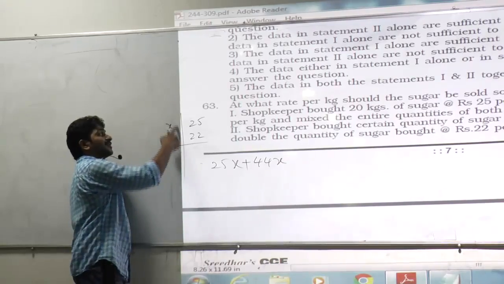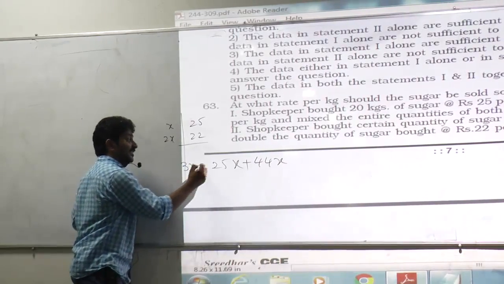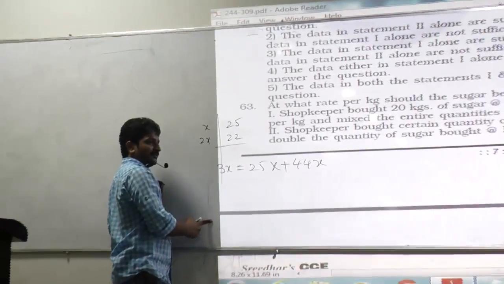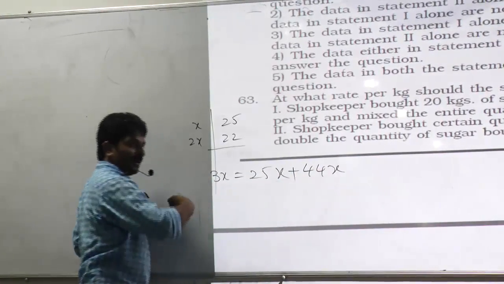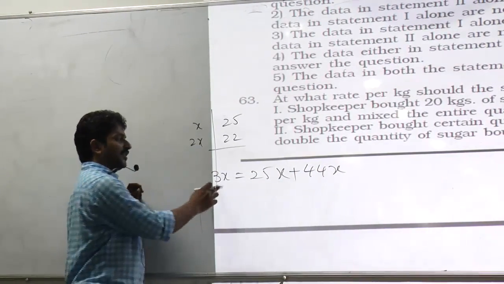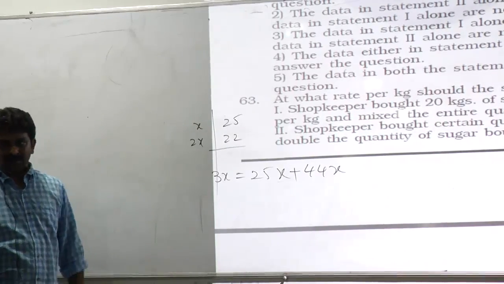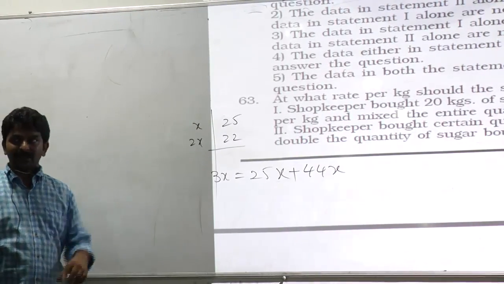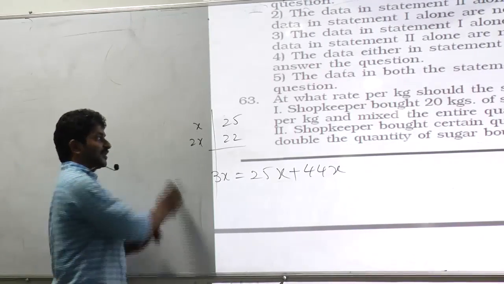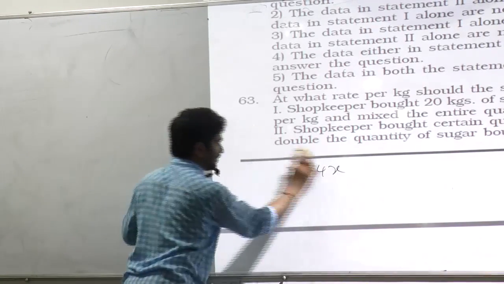And which is total cost of how many kgs? 3x. 3x is equal to this much. x is common and gets cancelled. 3 kgs cost is 69, 1 kg cost is 23 again. Will you get the answer or not? 1 alone is sufficient or 2 alone is also sufficient?